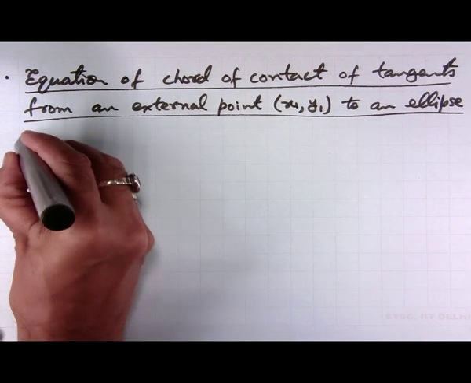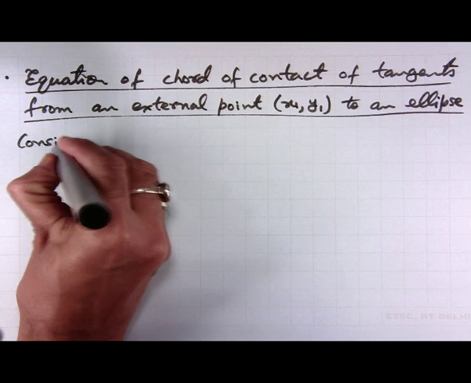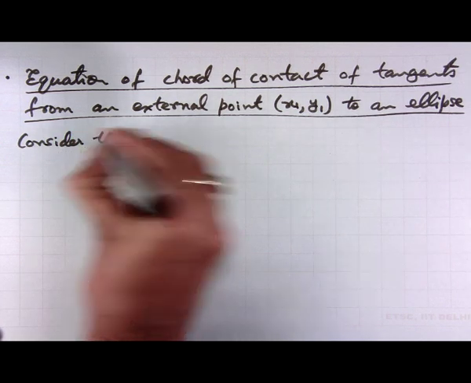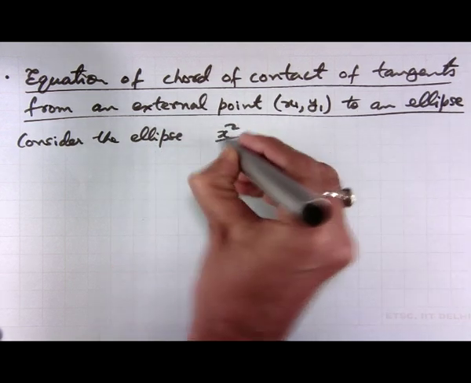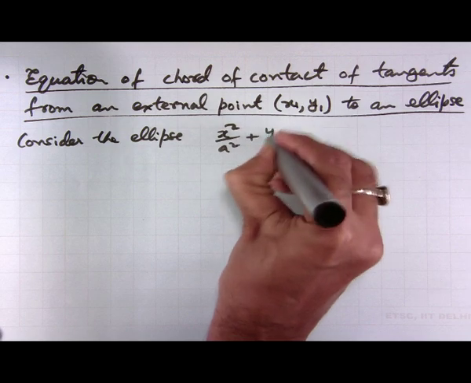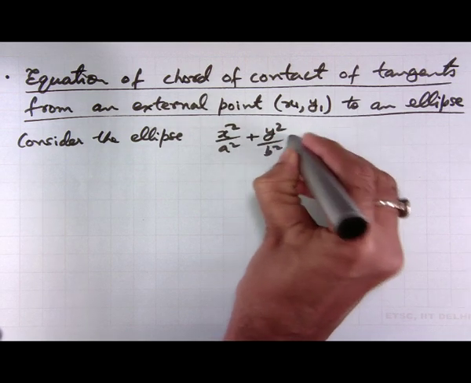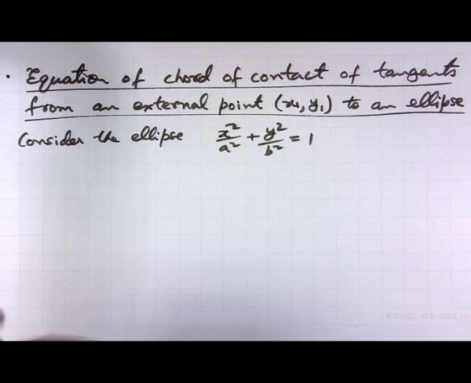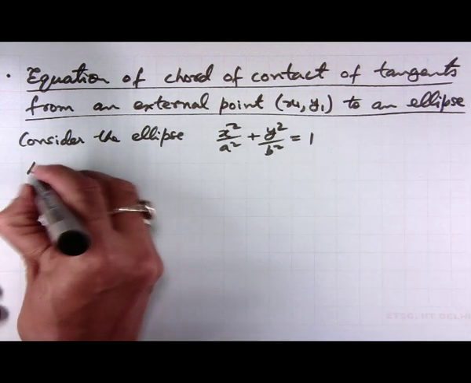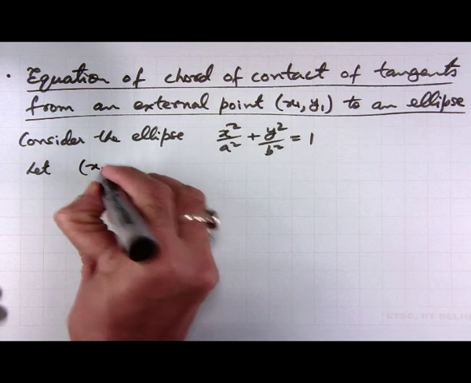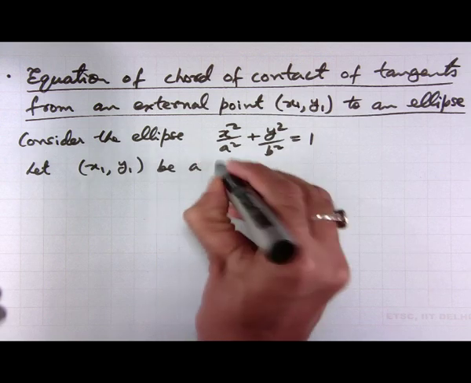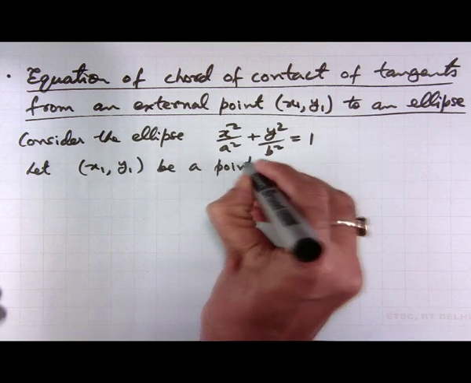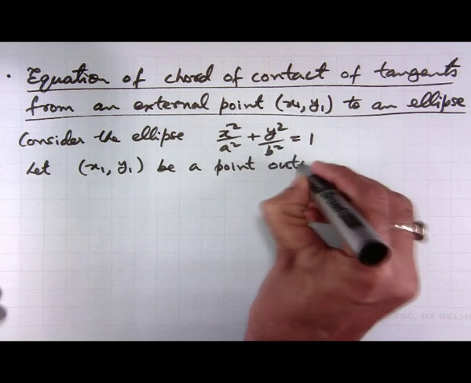So, consider the ellipse x square by a square plus y square by b square equal to 1, and let x 1 y 1 be a point outside the ellipse.